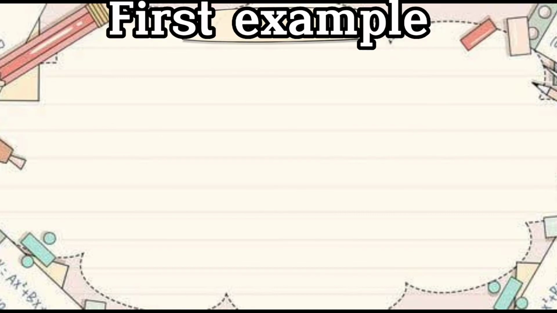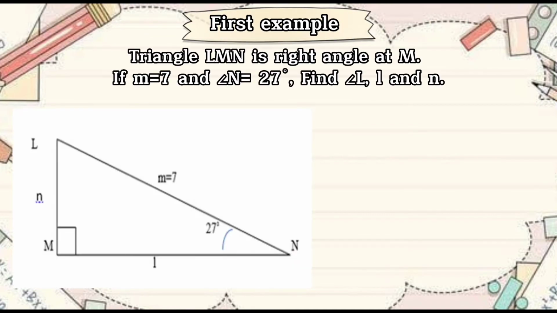Okay, so in the first example, triangle LMN is right angled at M. If M is equal to 7 and angle N is equal to 27 degrees, find angle L, side L, and side N. Okay, our side M is equal to 7 and our angle N is 27 degrees. So, we will find here the angle L, side L, and side N.